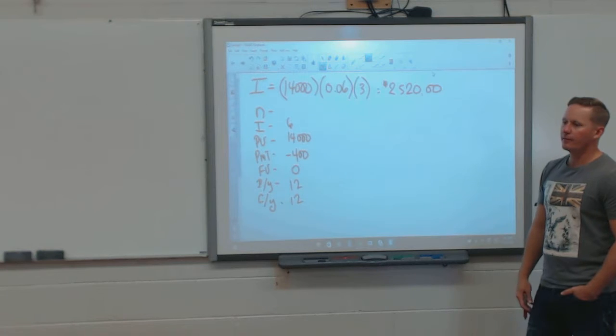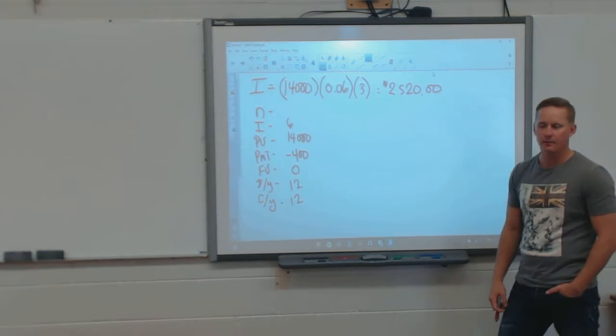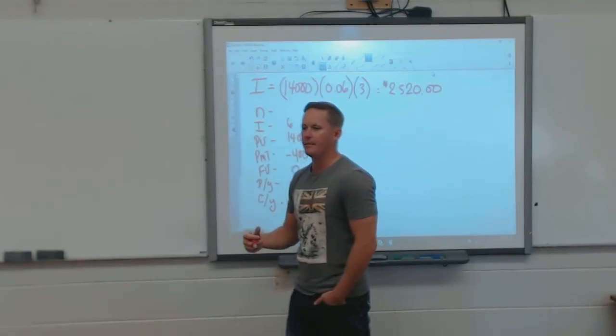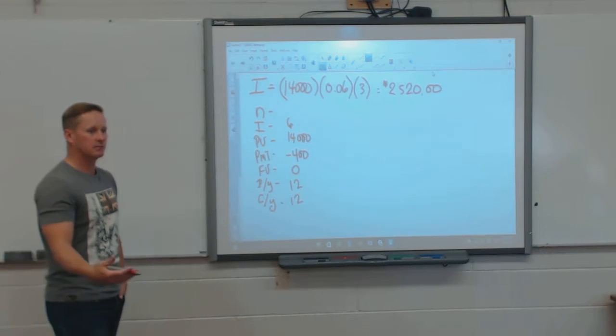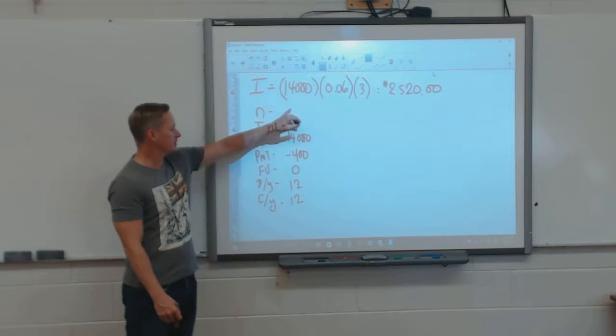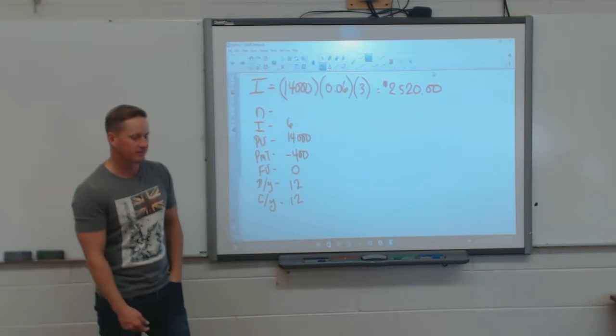So what we want to do is we want to find out the number of payments right now. And then once we find out the number of payments, then we'll find out the amount of interest paid afterwards. Okay? So punch this into your TVM solver.